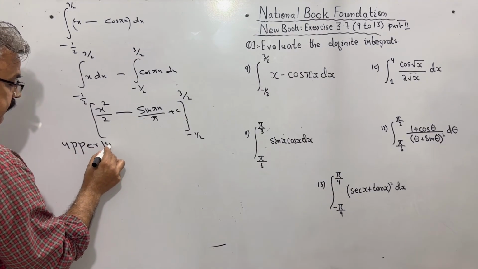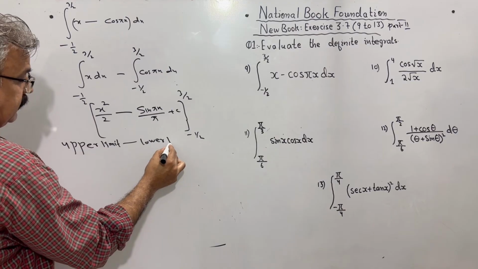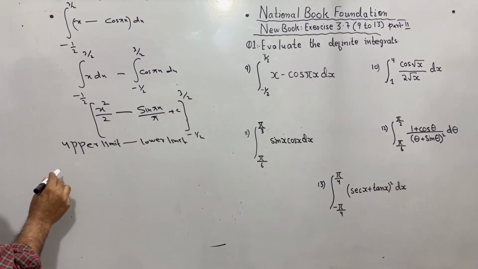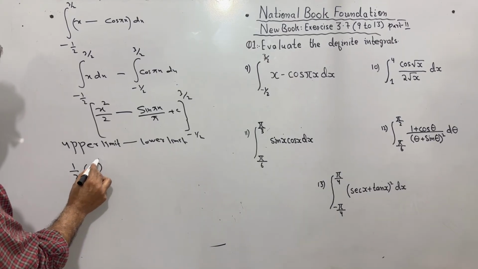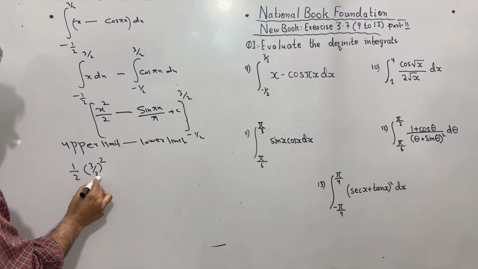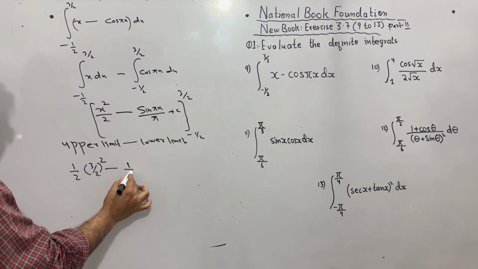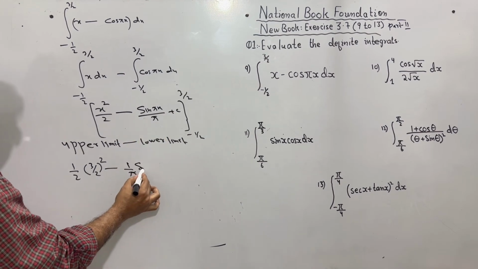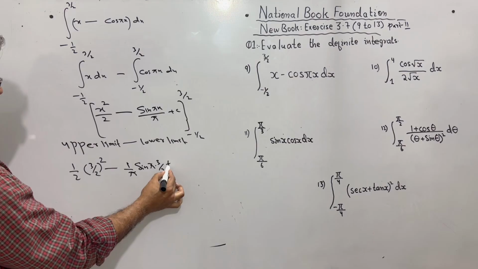Upper limit minus lower limit. What is the upper limit? It's our 3 over 2. Let me write 1 over 2 same, instead of x, let me put 3 over 2 here, minus 1 over pi sine pi times 3 over 2 plus c.